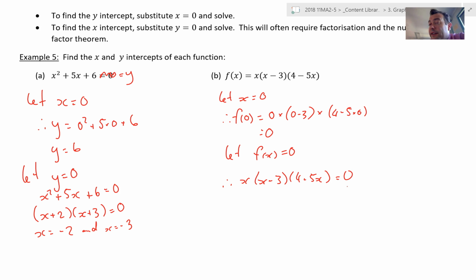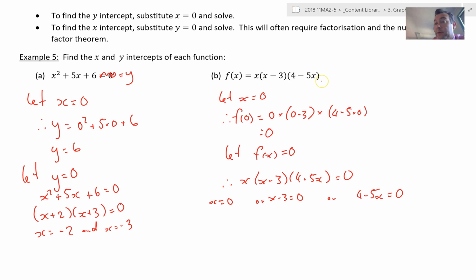Now the null factor theorem tells us that, instead of two things, now I have 3 factors multiplied together. If I have 3 factors multiplied together equal to 0, at least one of them must be 0. So we know that x equals 0 or x minus 3 equals 0 or 4 minus 5x equals 0.